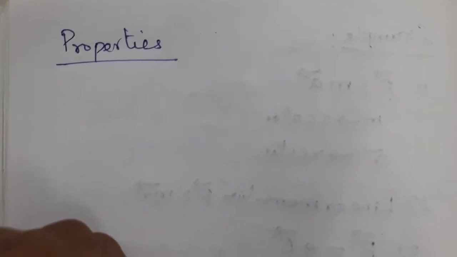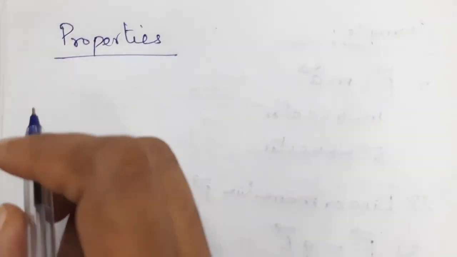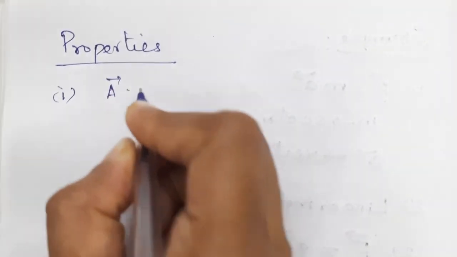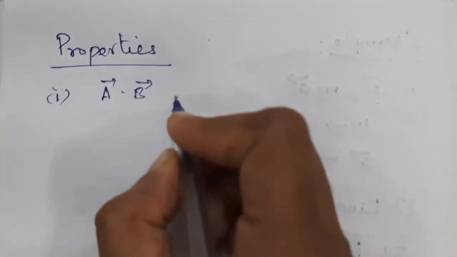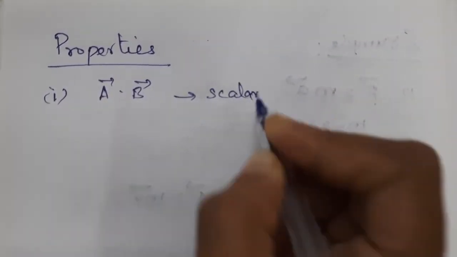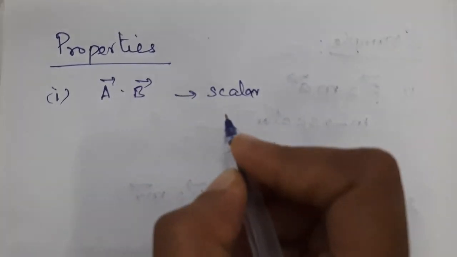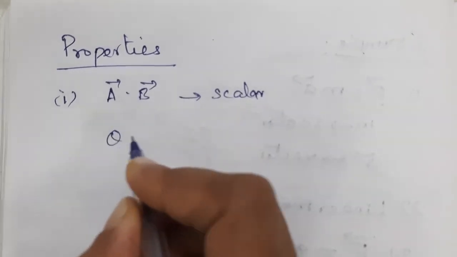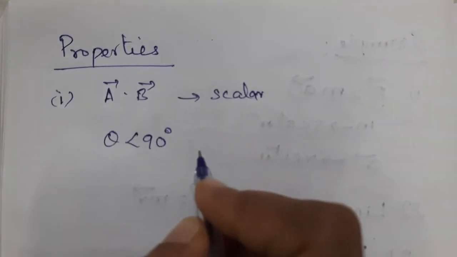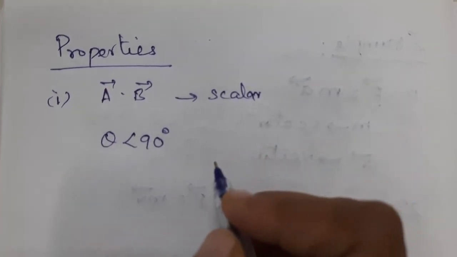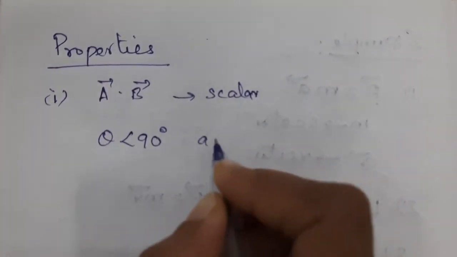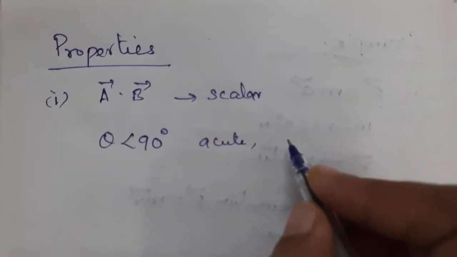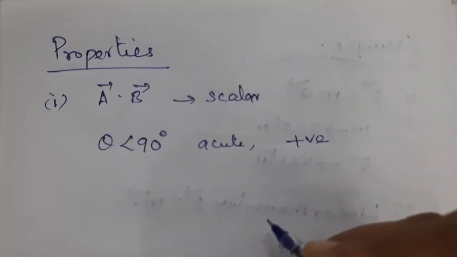Let's see the properties one by one. Properties of scalar product. First, the product quantity A dot B is always a scalar. If theta is less than 90 degree, that is the angle between the vectors is acute, then the scalar product is positive.